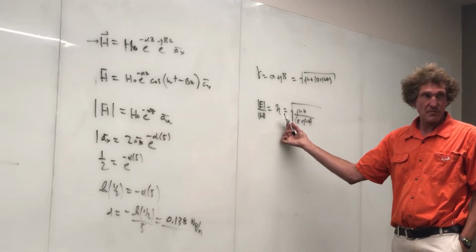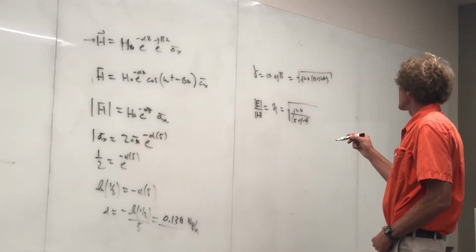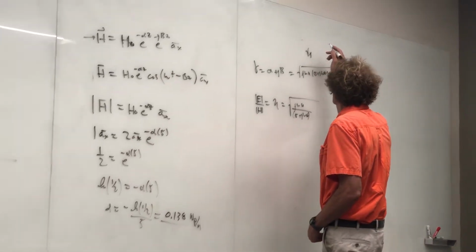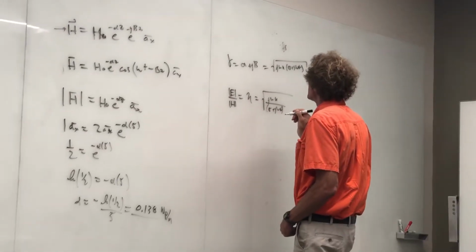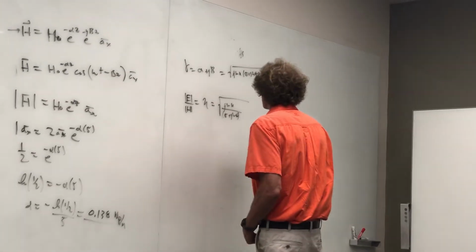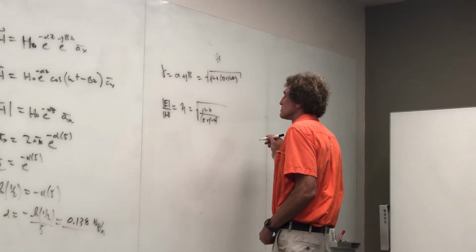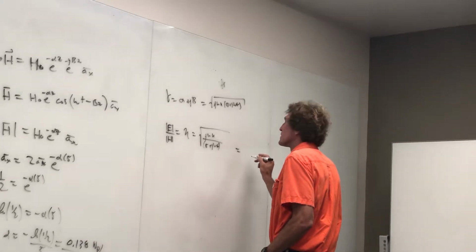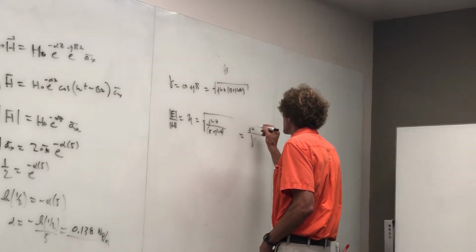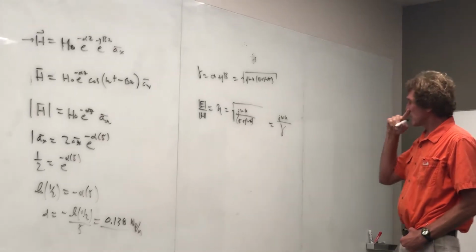That's what I need to get my value of E. So if I take this into consideration, I can say that this is going to be equal to gamma times j omega mu, I believe. Yeah. Let's see. Yeah, that would be the case, right?